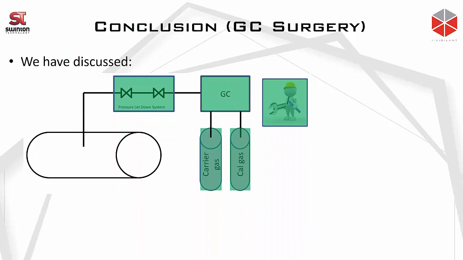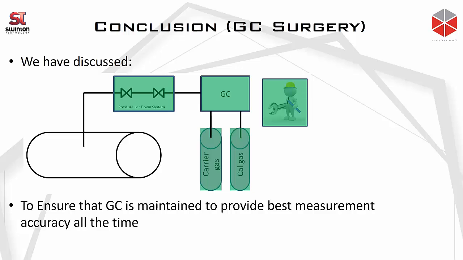All in all, this topic is to ensure that the whole analytical system is working properly: the pressure letdown system, the GC, the carrier gas, the cal gas, and also the people that perform the maintenance on the GC. So all in all, it's to ensure that the GC is maintained to provide the best measurement accuracy all the time.